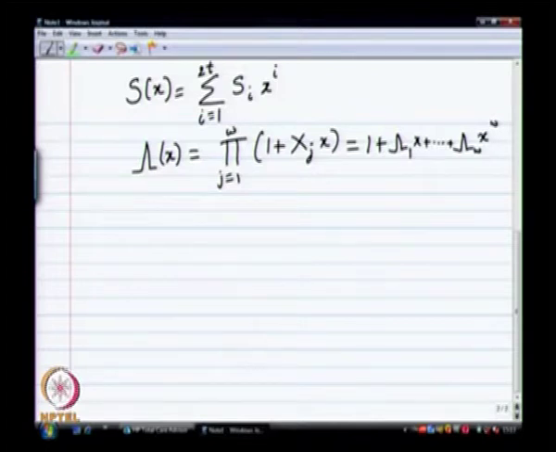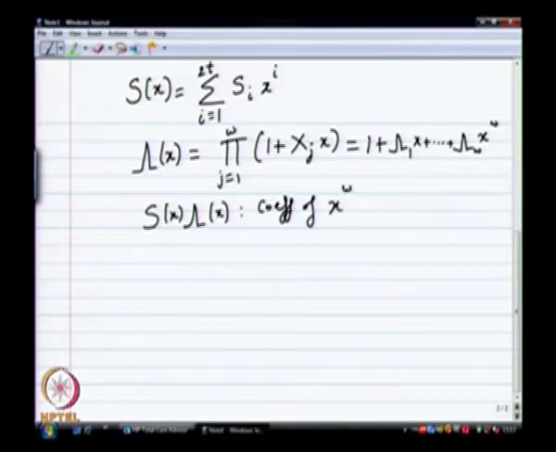Okay. And then it turns out you can show that in the product S of x times lambda of x, the coefficients of x power w plus 1 through x power 2t equal 0. Okay. So this gives you linear equations for the lambda. Okay.